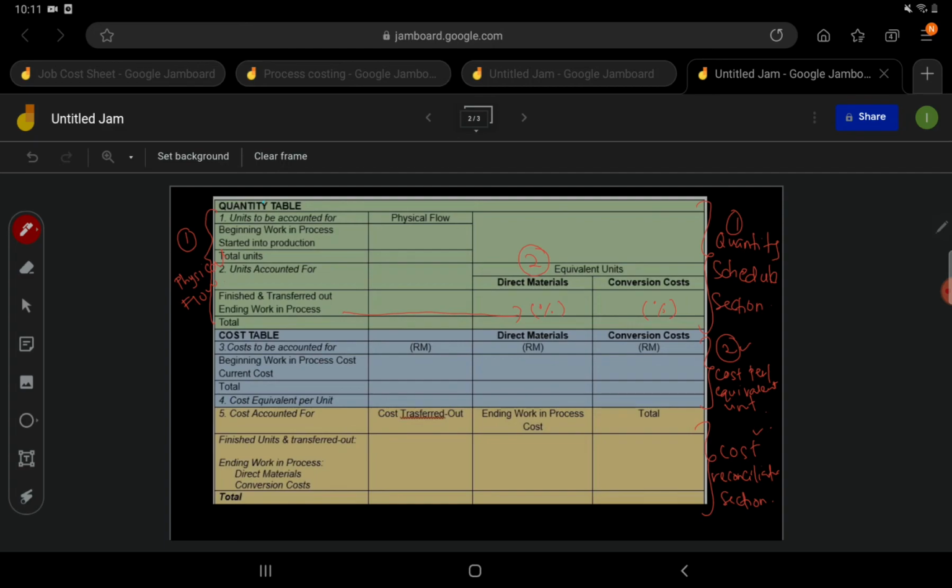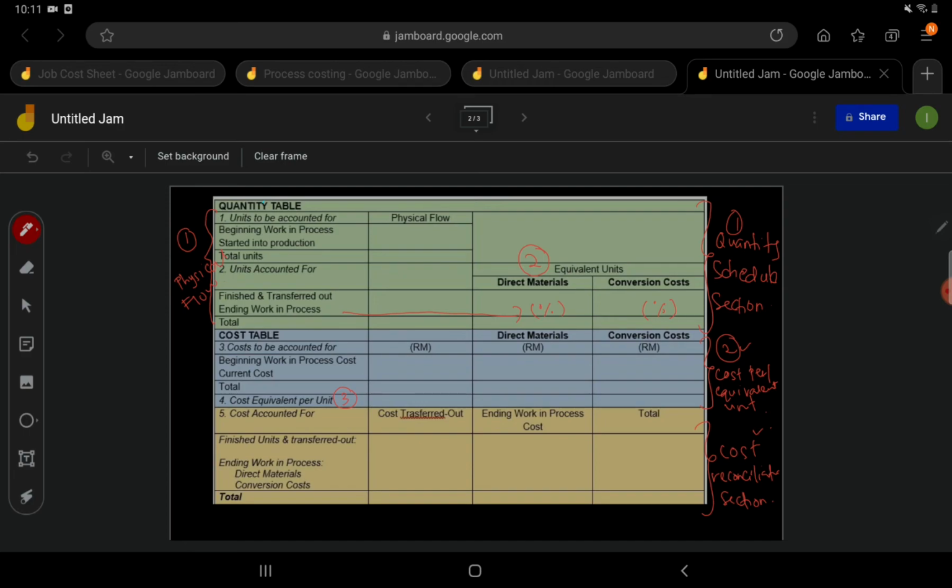And then the second section, cost per equivalent unit. In this section, the cost per equivalent unit is computed. This is the third step. Right?